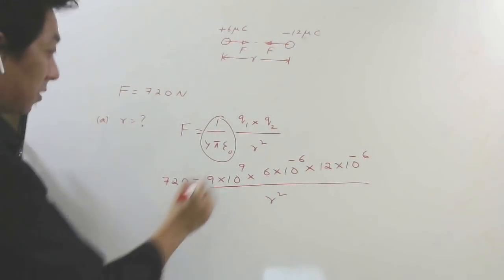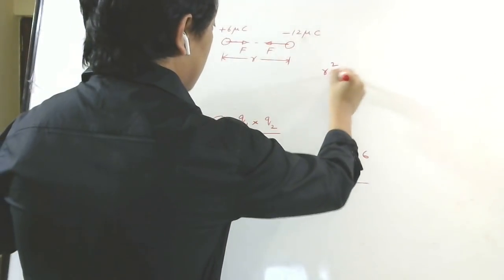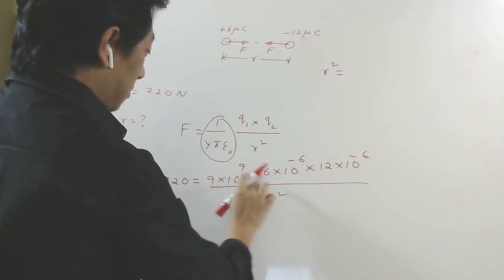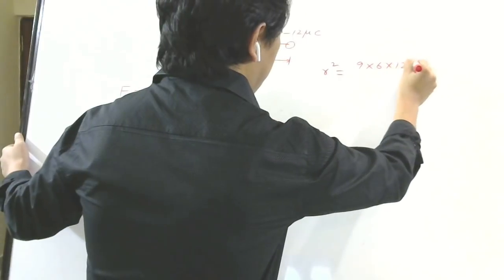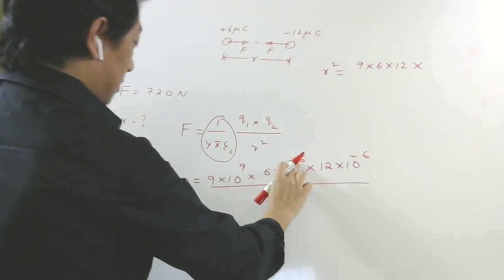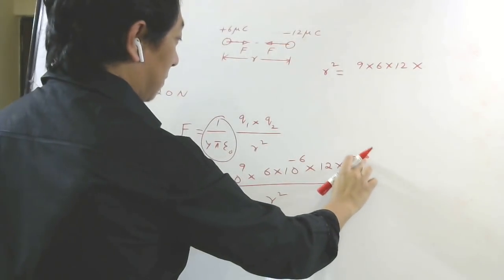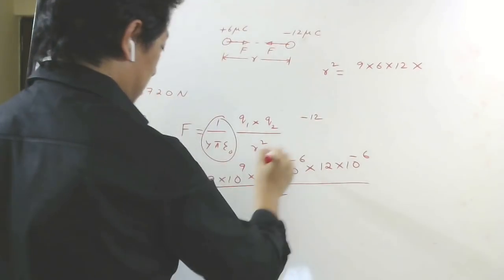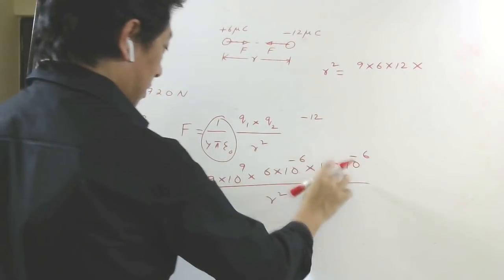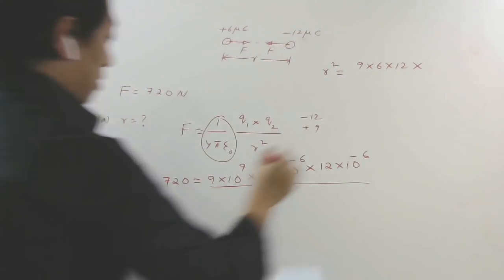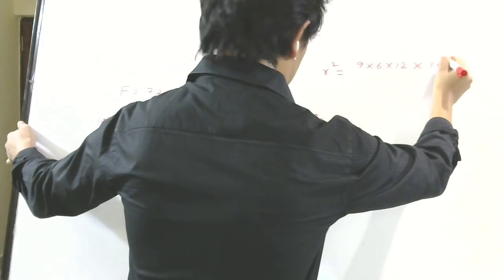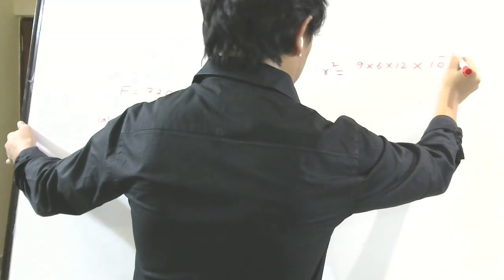So from here r square will be, cross multiply, 9 into 6 into 12 into 10 power minus 6, 10 power minus 6, minus 12, minus 12 plus 9 will be minus 3. So it will be 10 power minus 3 divided by 720.